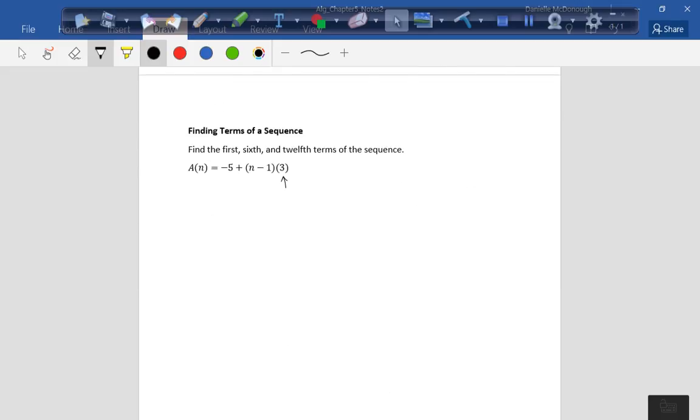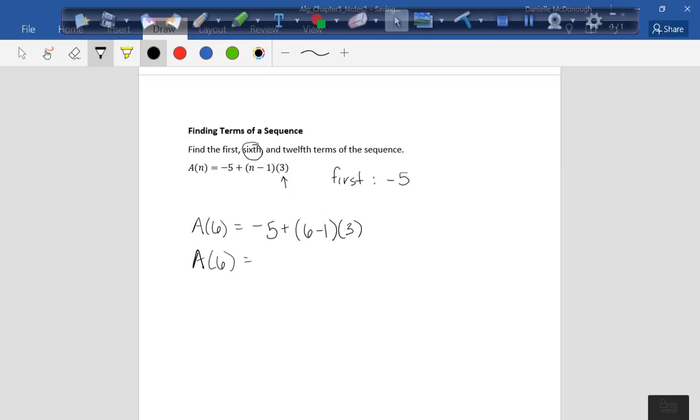So, first of all, I said what was the first? Well, we can find the first just by looking at this. It's -5. To find the 6th term, what we're going to do is substitute 6 in for n. So 6 minus 1 times 3, and then from here we're just going to use our order of operations. So remember, this isn't a times 6, this is a of 6.